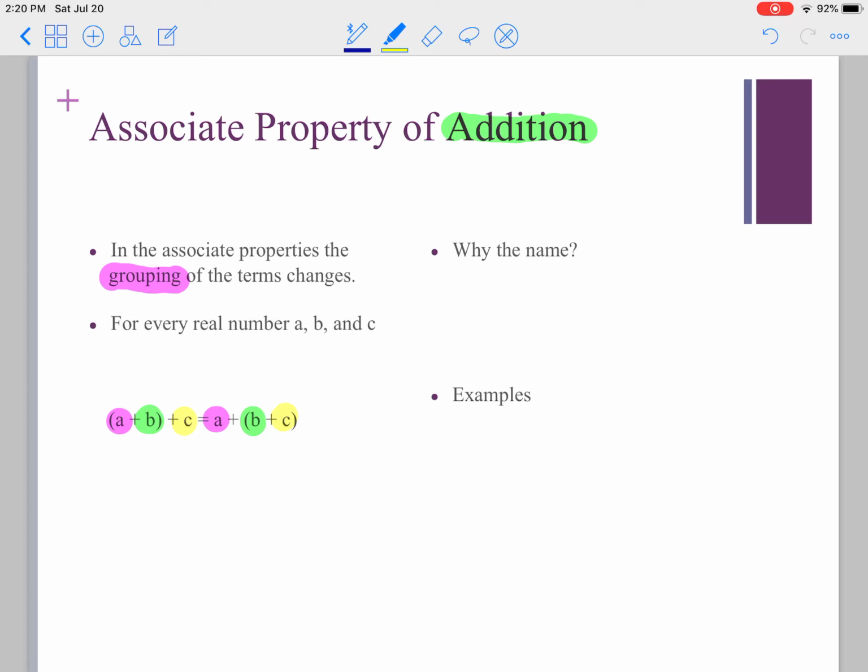value does not change. And so we can think about it when I look at why the name, I tend to use the analogy of who we associate with, our friends. And so let's go make a little arrow down here.